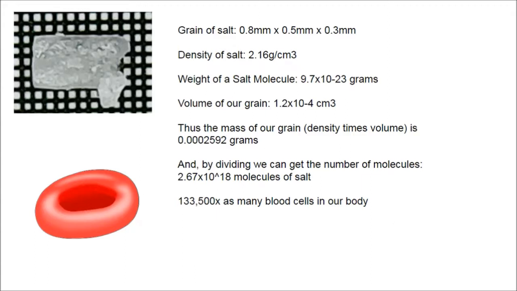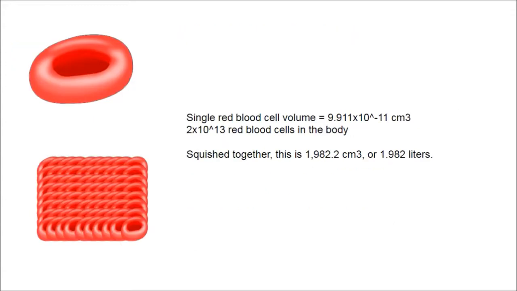For comparison, this number is about 133,500 times as many red blood cells in our body, which is, I believe, 2 times 10 to the 13th. And taking it one step further to get an even better sense of scale, if you take a single red blood cell, its volume is about 9.9 times 10 to the negative 11th cubic centimeters.